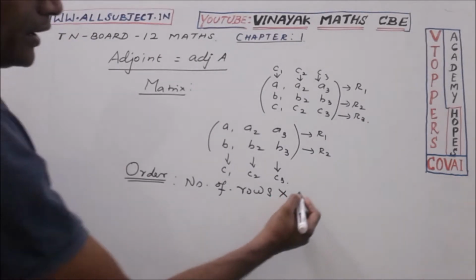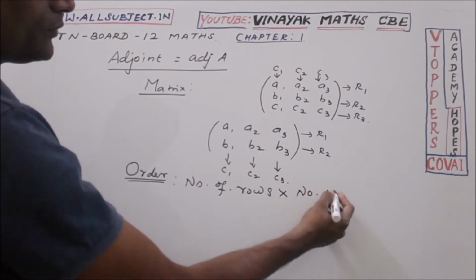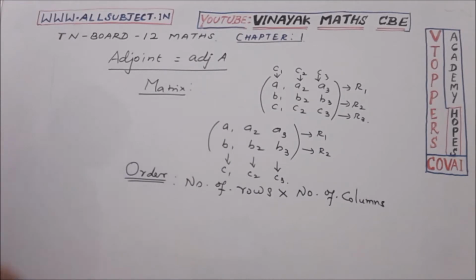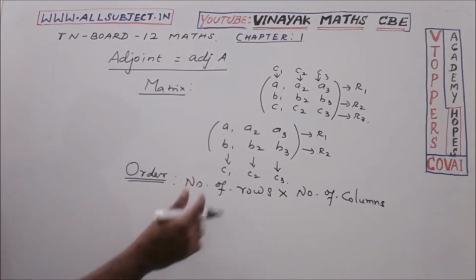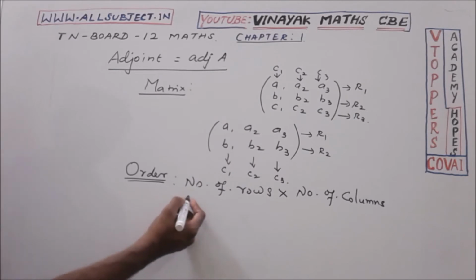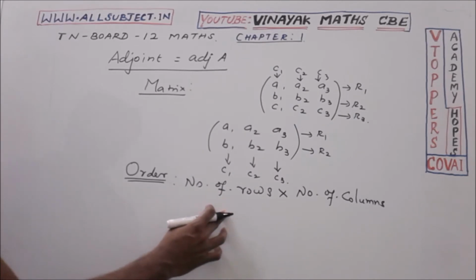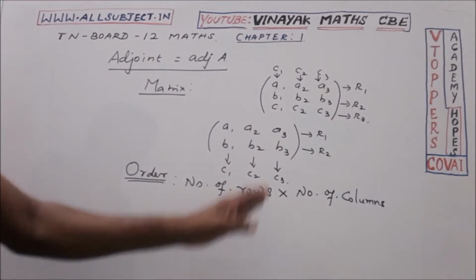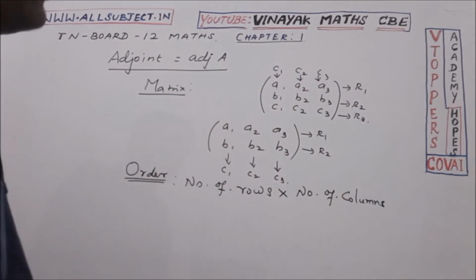Number of rows by number of columns. Number of rows represents the rows included in the matrix, and columns means the number of columns in the given matrix.